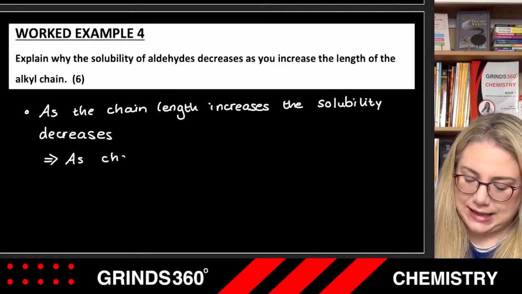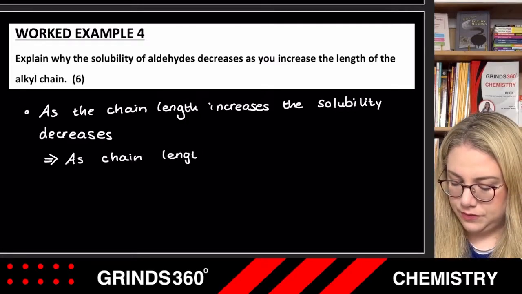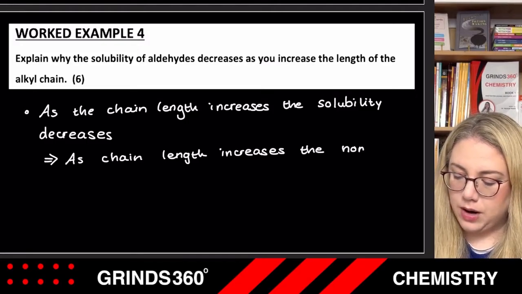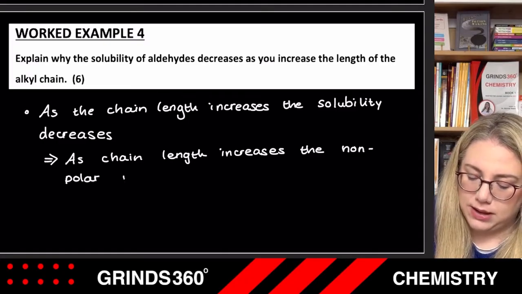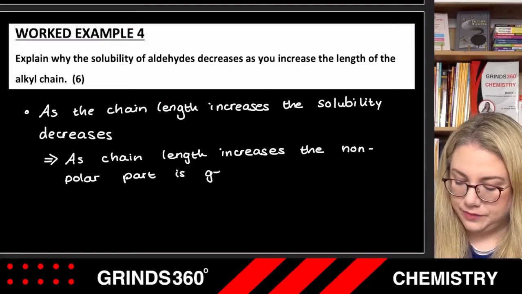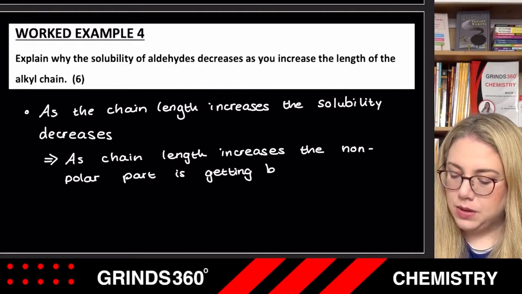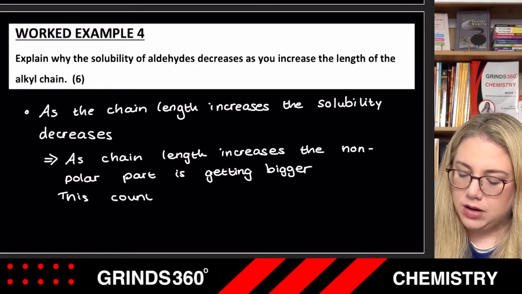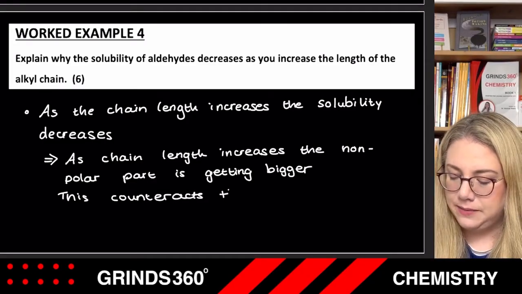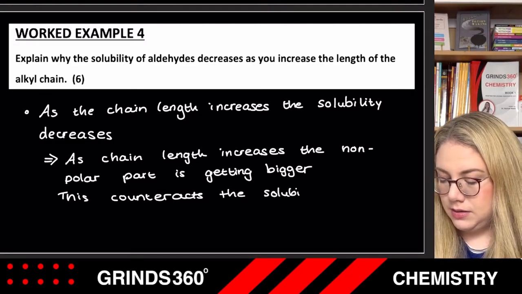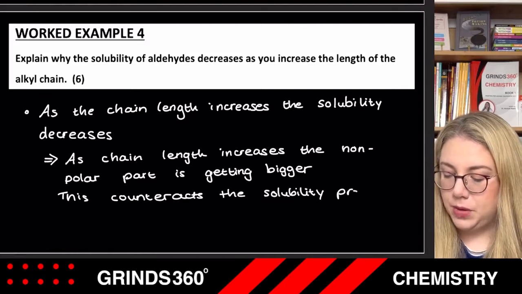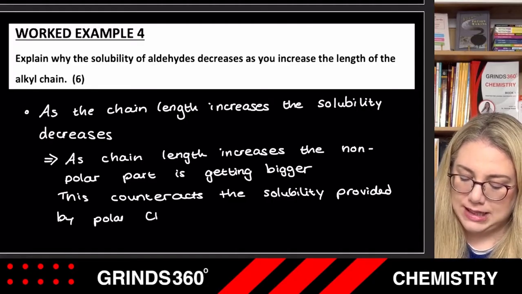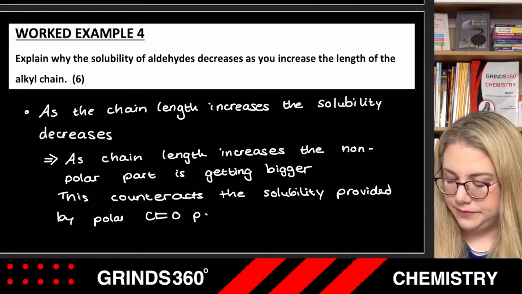Because as the chain length increases, the non-polar part of the molecule, the carbon chain part of the molecule, is getting bigger. And because the non-polar part is getting bigger, this counteracts the solubility. The bigger non-polar part counteracts the solubility or overcomes the solubility provided by the polar part, or the polar C double bond O part.